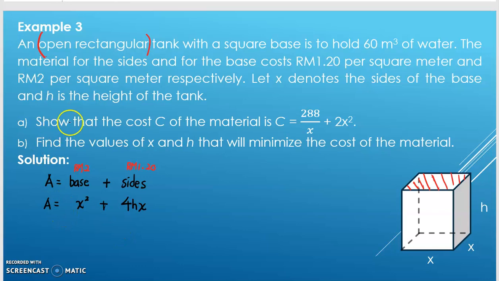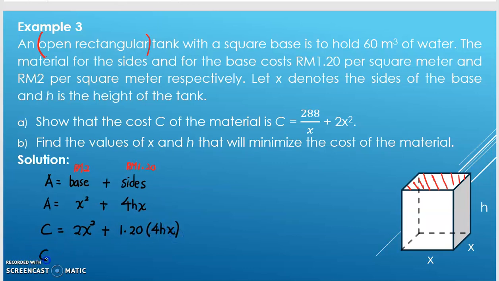Now the question is, show that the cost. So now from here, I change to cost. Cost will be equal to, since the base cost is 2 ringgit, 2x squared, plus the cost of the side is 1 ringgit and 20 cent, so 1.2 multiplied by 4hx.